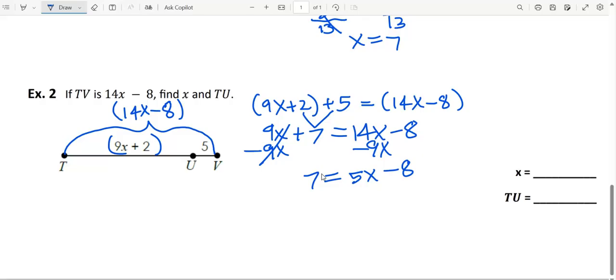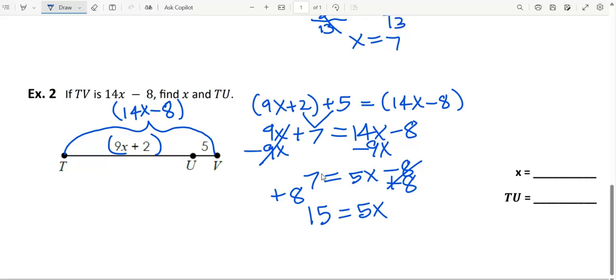Now we got to get rid of that loner. So yeah, it's minus 8. To get rid of minus 8, we do plus 8, the opposite. And then 7 plus 8 is 15.